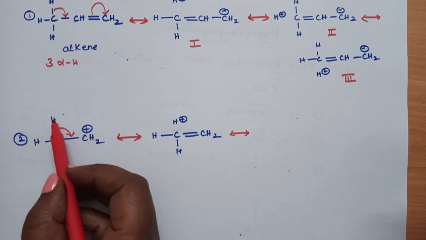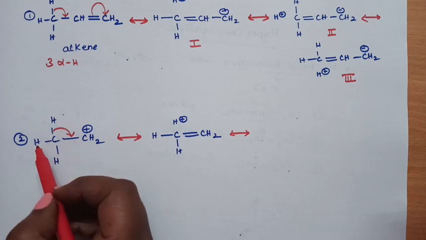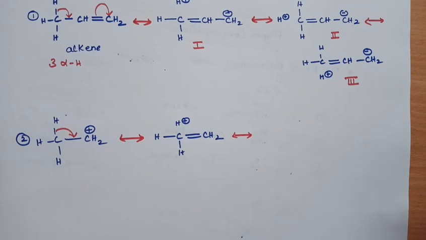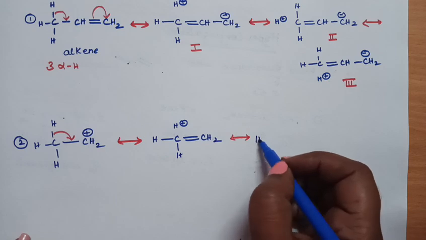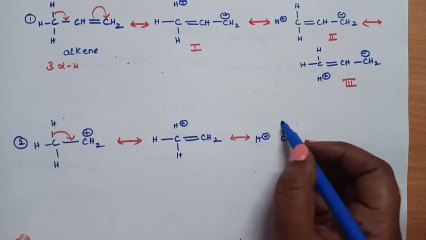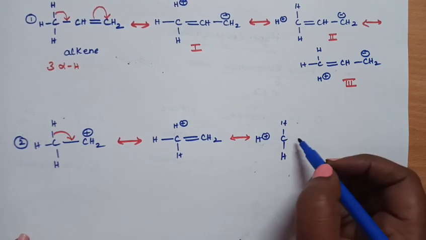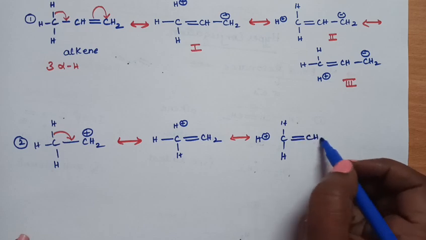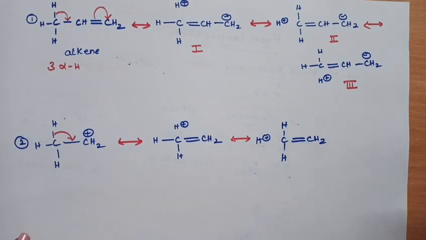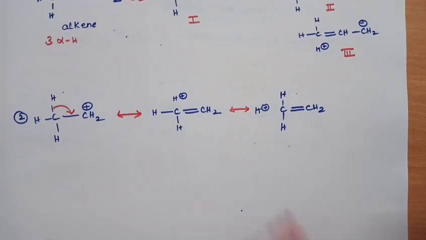Now instead of this hydrogen, this hydrogen can leave with plus sign. So it will become H plus, carbon, hydrogen, hydrogen, and here there will be CH2. So this is the second structure. So one more structure.